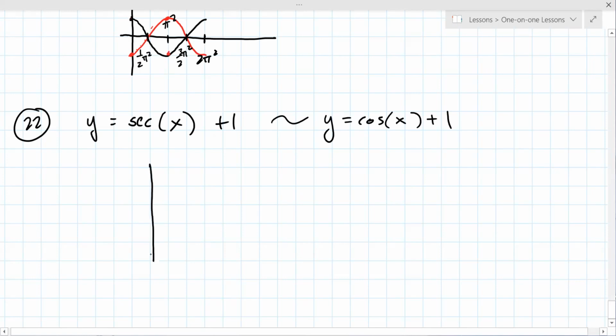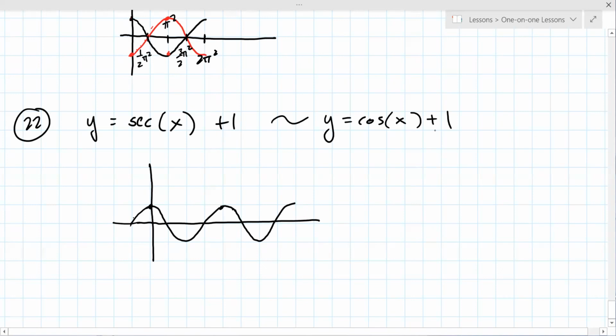So let's look at a cosine again. Cosine starts high, goes low, like that. With secant and cosecant, you end up having to graph a few more periods of this thing. We actually need to go a little further, but we'll just go like that. Now, what does the plus 1 do?